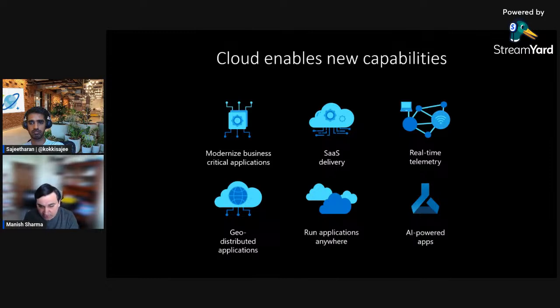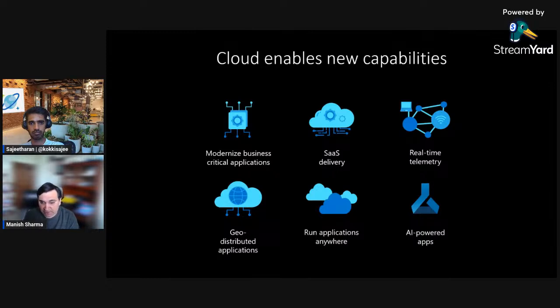Plus, over and above that, you need to make sure your application footprint is available wherever the user footprints are. Your applications need to have global footprints, and handle user interaction as fast as possible.